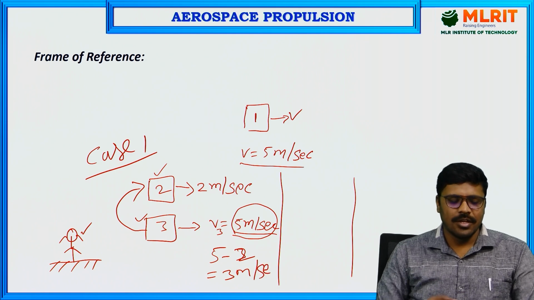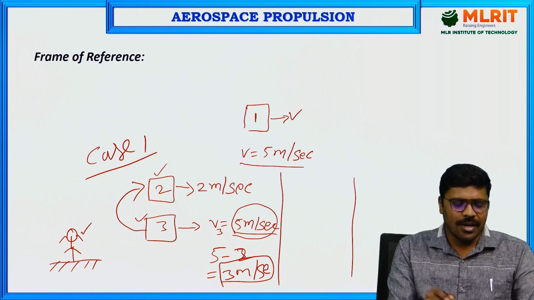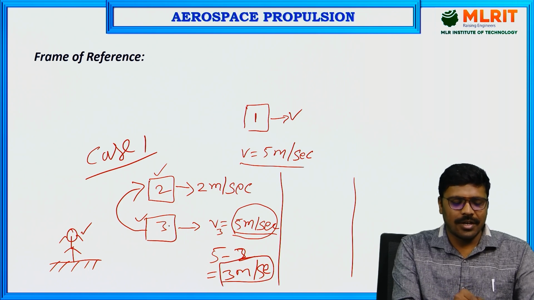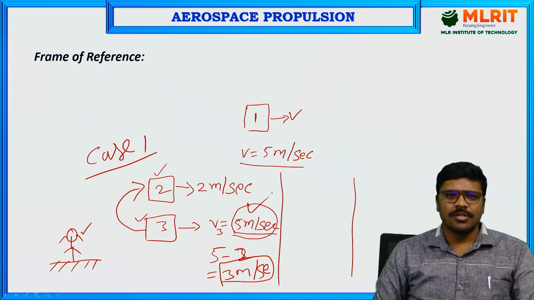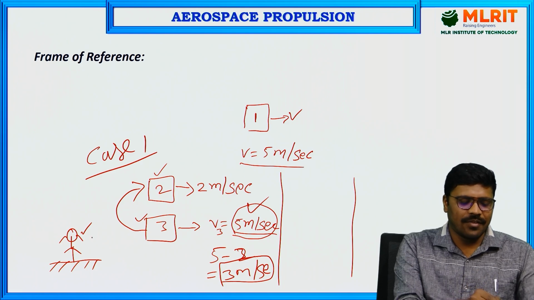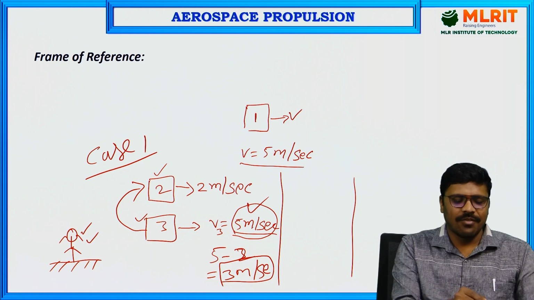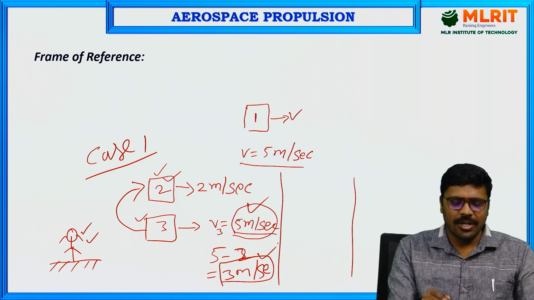So the third body's velocity with respect to the second body is only 3 meters per second, but the same third body's velocity with respect to the stationary person is 5 meters per second. So what is the difference? With respect to this person it is 5 meters per second, and with respect to body 2 it is 3 meters per second.